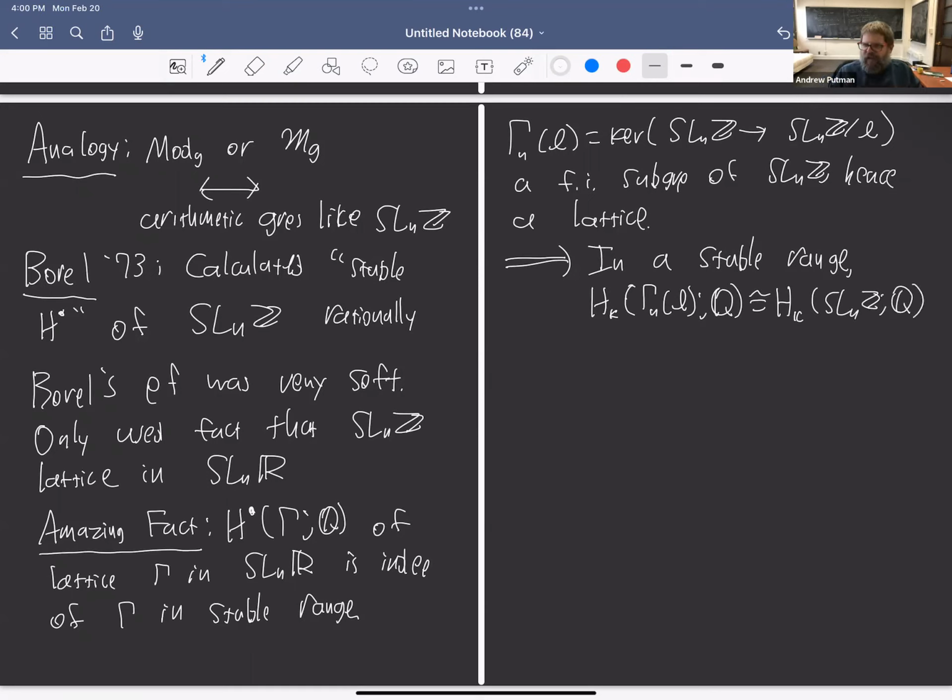Okay, so passing to this finite index subgroup does not change the rational homology, at least in a stable range. And this is, to my mind, a fairly surprising fact.